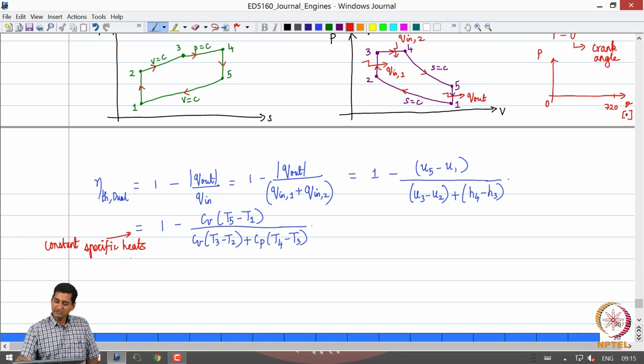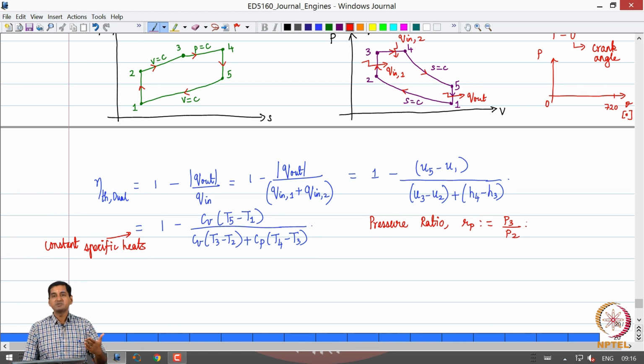So, but before doing that, quick definitions, there are two parameters. The first one is what is called the pressure ratio Rp, which is defined as P3 by P2. So, in the constant volume heat addition process, the volume is constant, but the pressure is increasing, right.